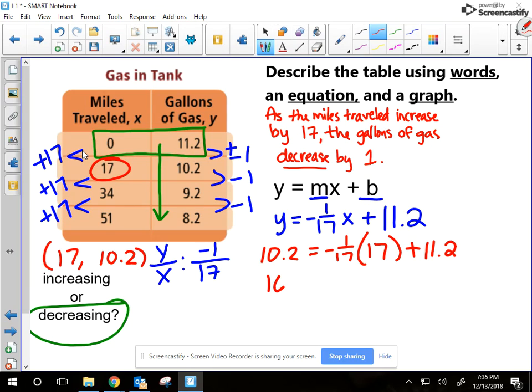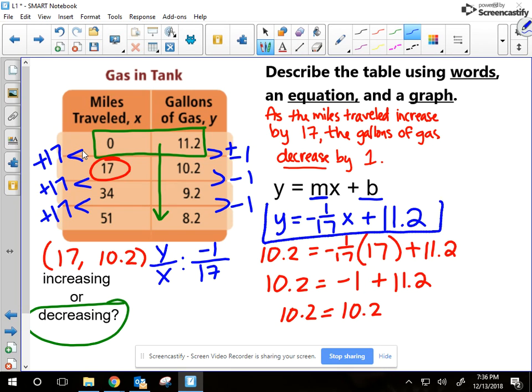So now we can say that we have 10 2/10 is equal to negative 1 plus 11 2/10. Now when we simplify this, negative 1 plus 11 2/10 is like saying 11 2/10 minus 1, which is 10 2/10. So we have a true sentence telling us that our equation with our m value and our b value is correct.